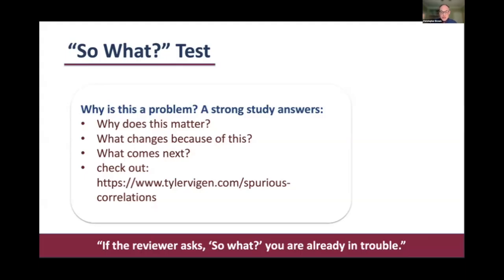In fact, I highly recommend checking out a really fun website by a guy named Tyler Vigen on spurious correlations. Here are a couple of them. Did you know that the association between the popularity of the first name Eleanor and wind power generated in Poland is statistically significant at p less than 0.01 and has an R value of 0.993?